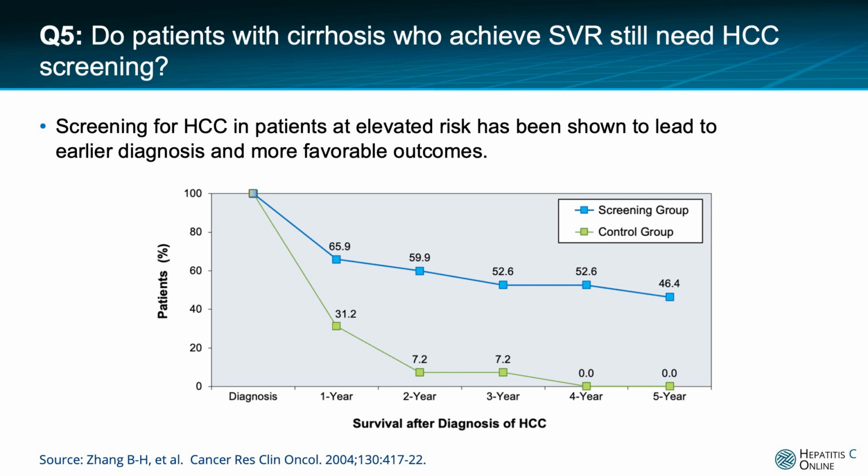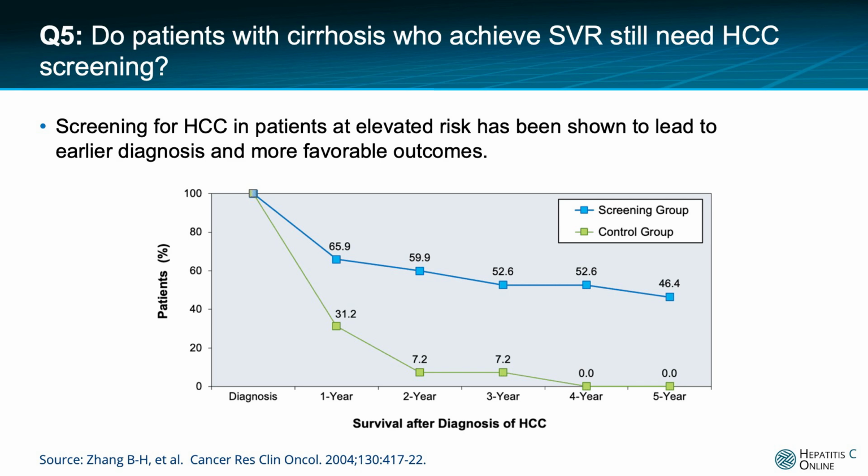The graph on this slide shows the outcomes of a study evaluating HCC screening among 18,816 patients aged 35 to 59 with hepatitis B virus infection. In this study, participants were randomly assigned to screening versus no screening for HCC. Screening procedures included a liver ultrasound and serum AFP measurement every 6 months.